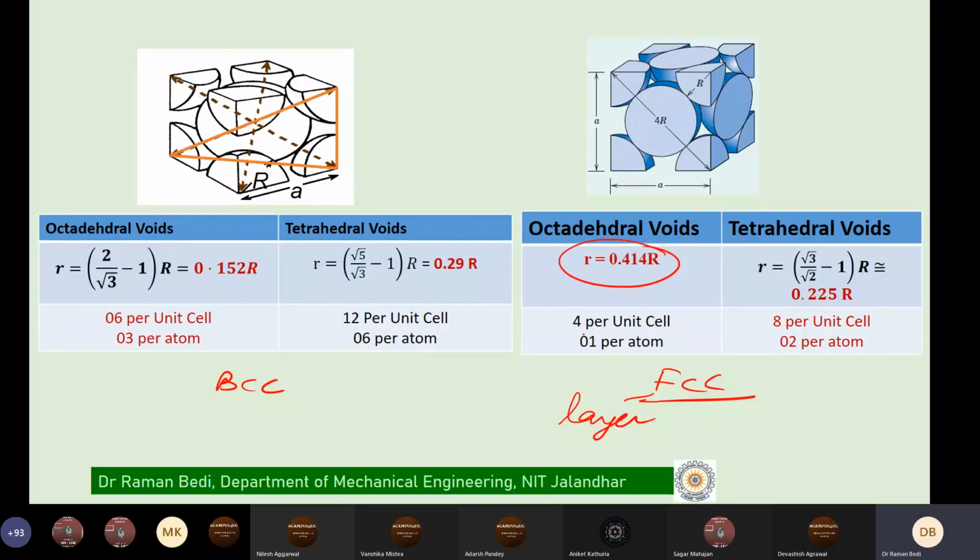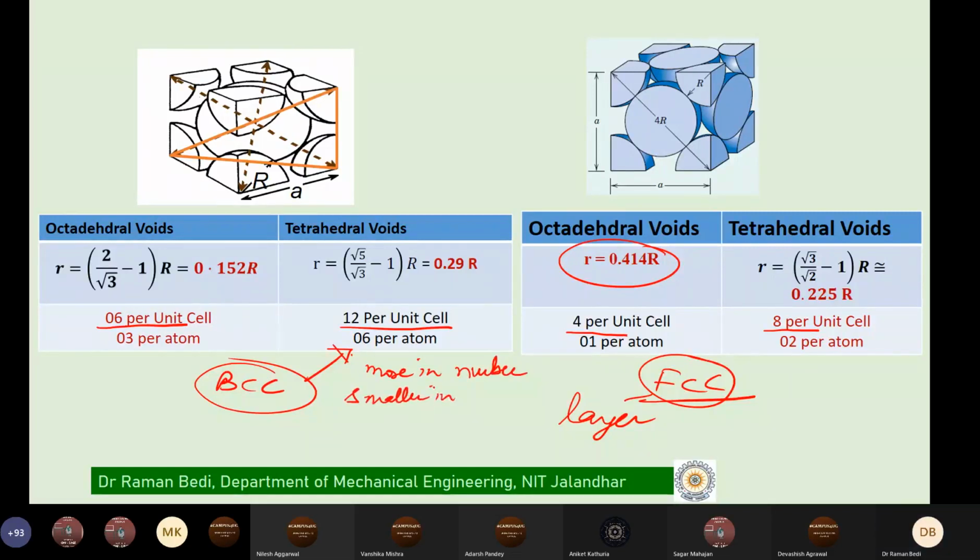You have 4 per unit cell octahedral type and 8 per unit cell tetrahedral type for FCC. Whereas for BCC, it is 6 per unit cell and 12 per unit cell. So in the BCC crystal structure, the voids are more in number, but smaller in size.